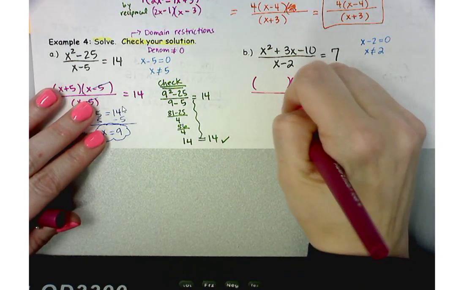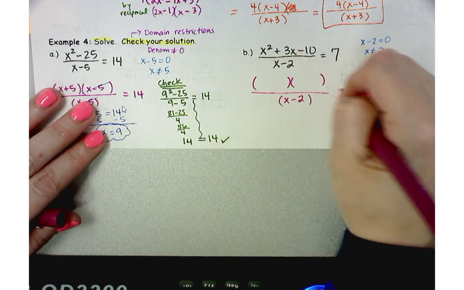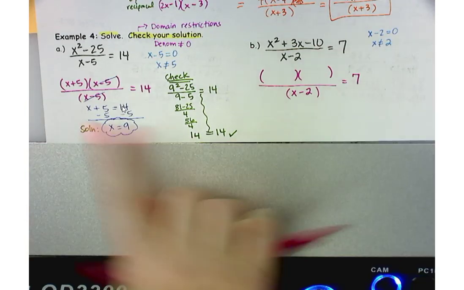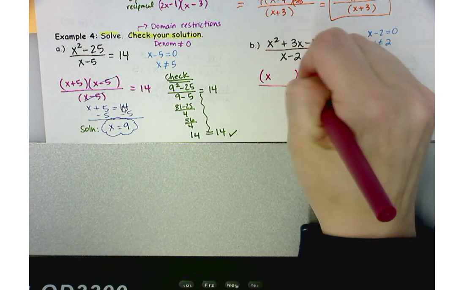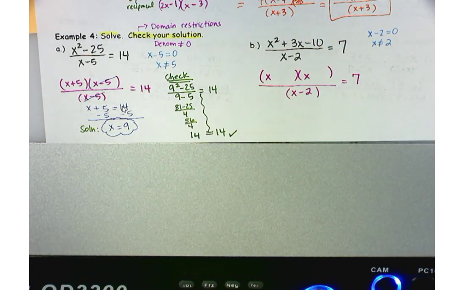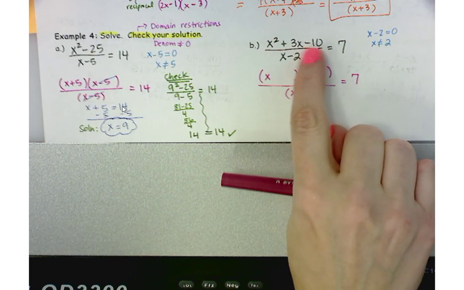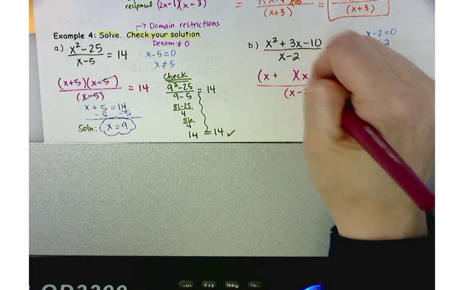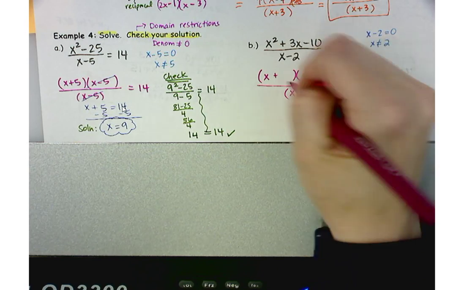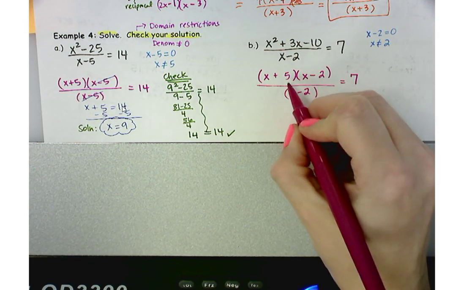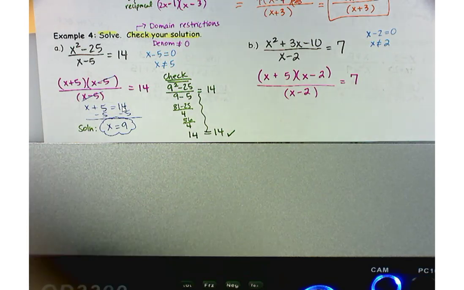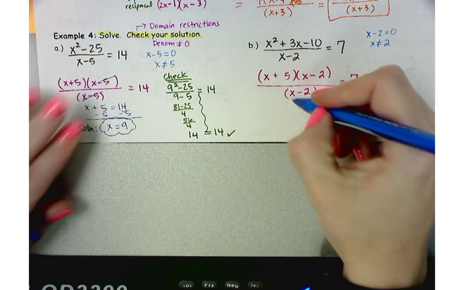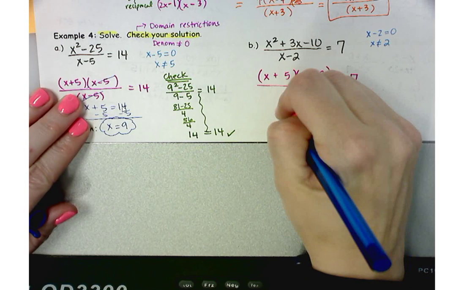Okay, now we have x equals 2, but we said x cannot be 2, which means you are going to have no solution. This is what you have to do for your check. You can plug it back in and show that it's 0 on the bottom, but if you have already said what x can't equal, you can just show that x can't be 2, or you could write a statement.